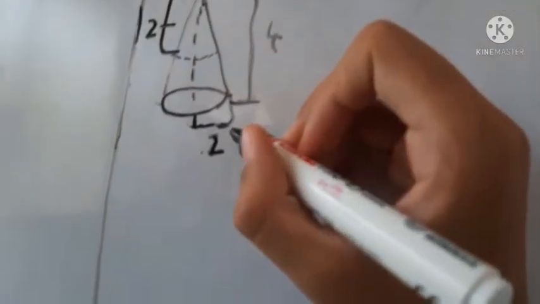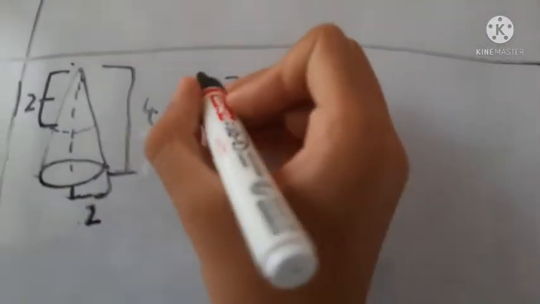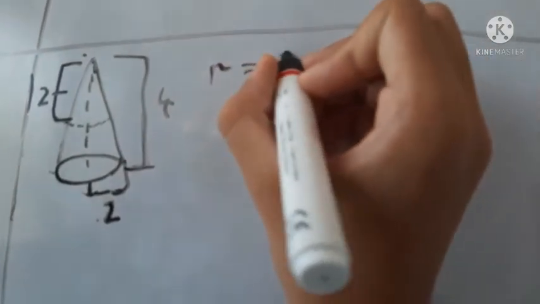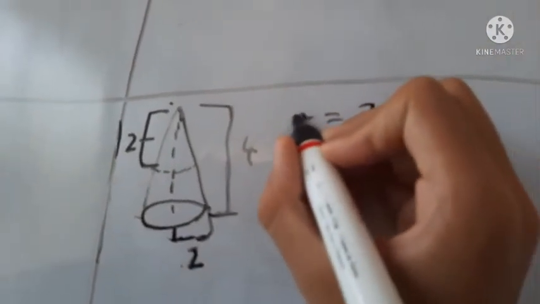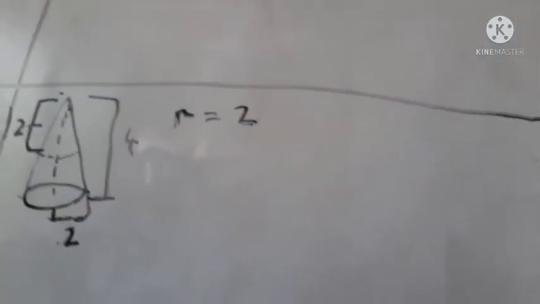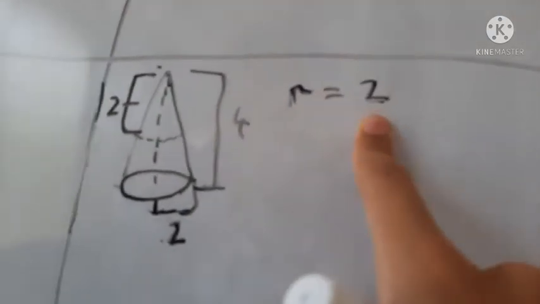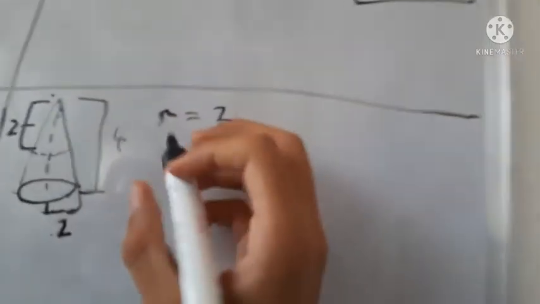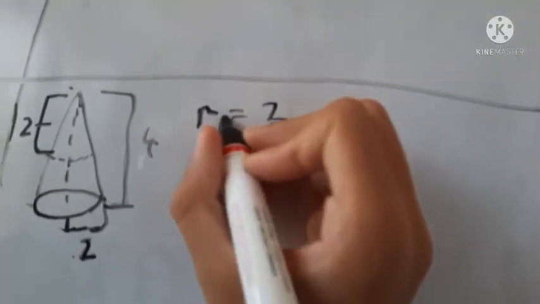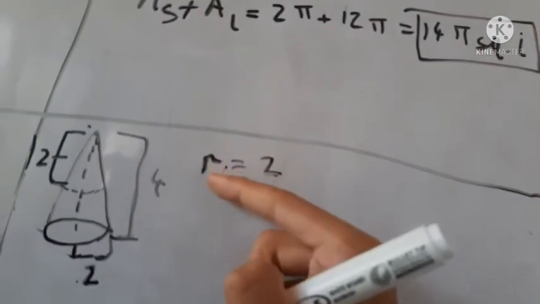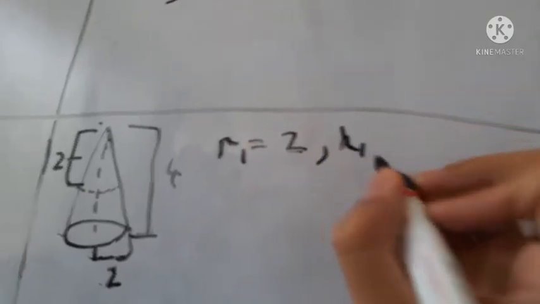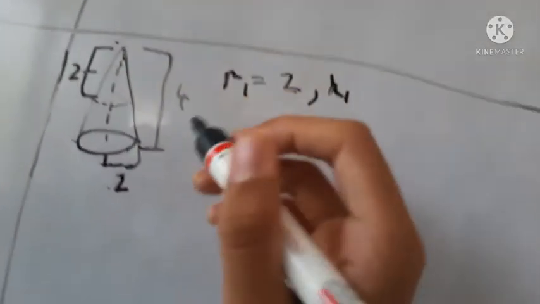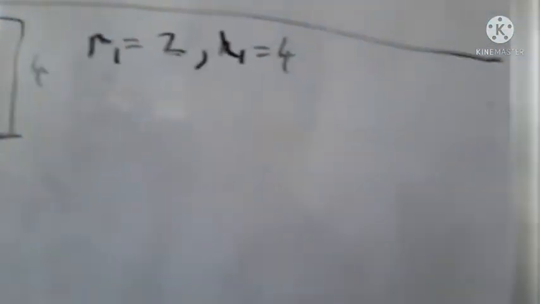So we have its radius as well. Its radius is given to be 2 inches, I think, but I'm not going to write the units as they're extraneous. We're doing math, not physics. So let's write r1 is 2, and h1, the height of the entire chocolate, is 4, right?